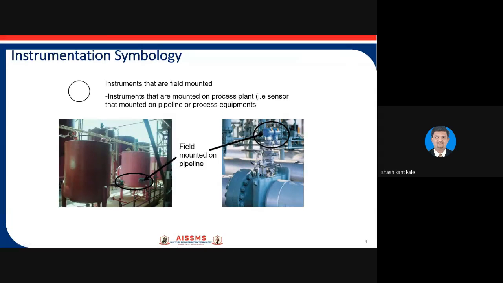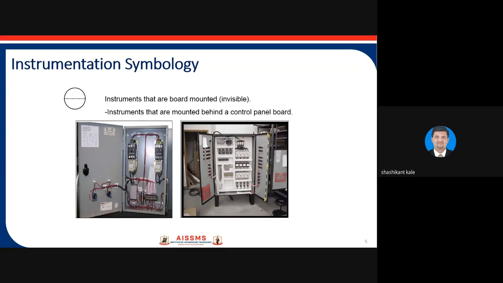While showing the instrument symbology, an instrument which is mounted in the field is shown by a circle. An instrument can be a sensor or a final control element. Instruments which are mounted on a panel and are invisible are shown like this.